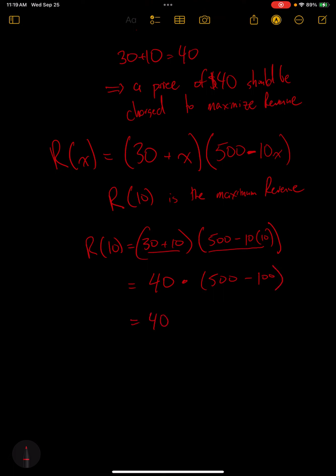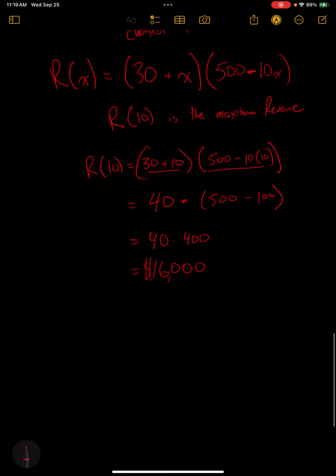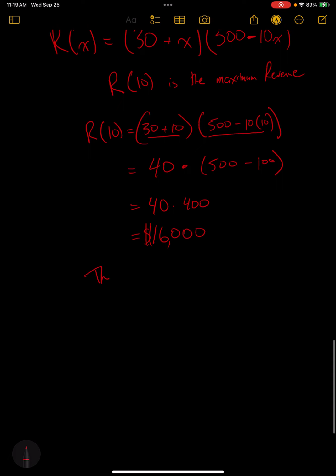What's that equal to? 40 times 400, which is equal to $16,000. So the maximum revenue is $16,000 at a price of $40. And that is question 13.